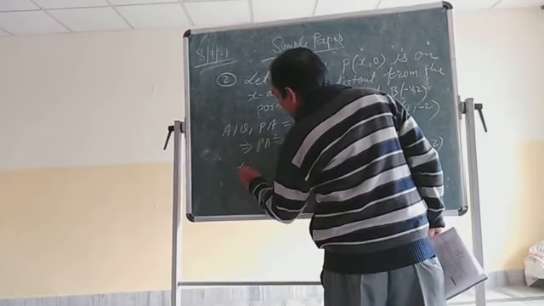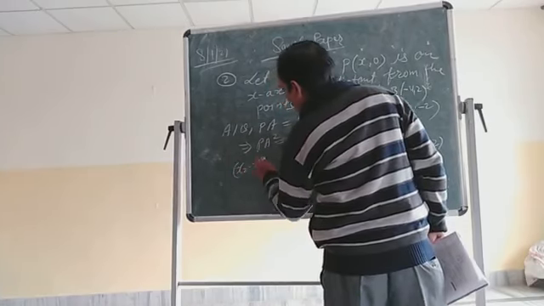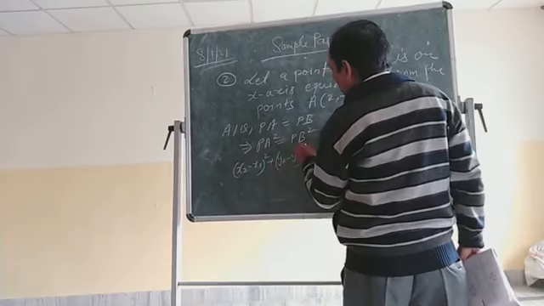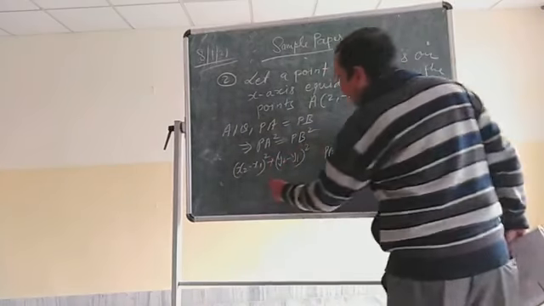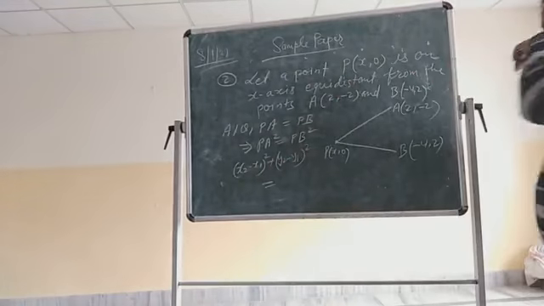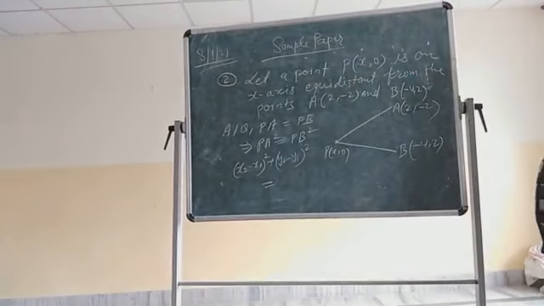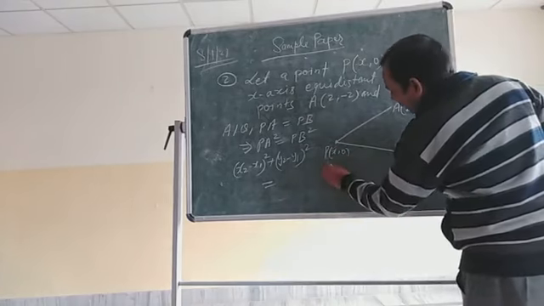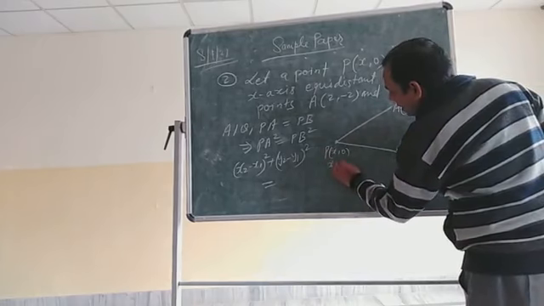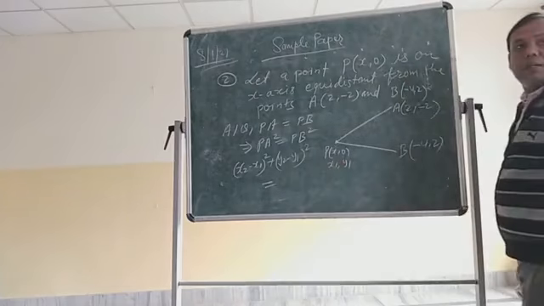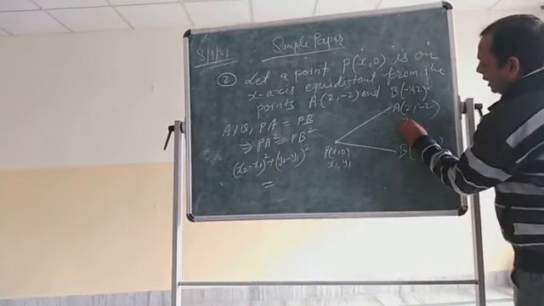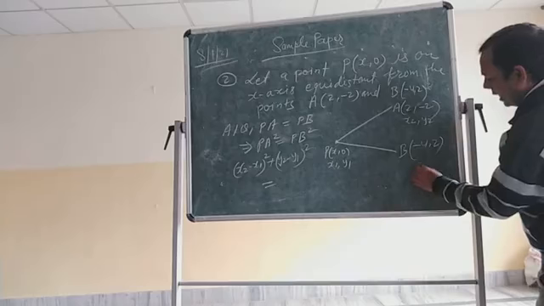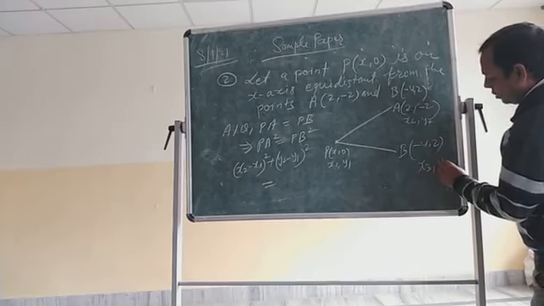So what will I write here? (x2 minus x1) whole square plus (y2 minus y1) whole square equals what? Suppose this is x1 and this is y1, this is x2 and y2, and this is x3 and y3.